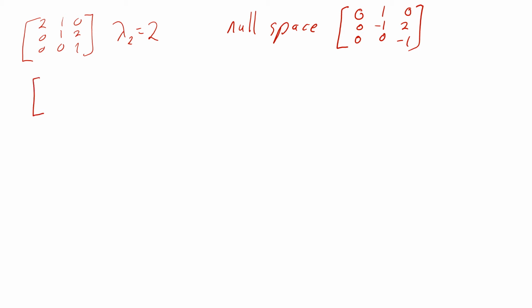So let's take our matrix and we're going to row reduce. So row 1 plus row 2 is the new row 2.